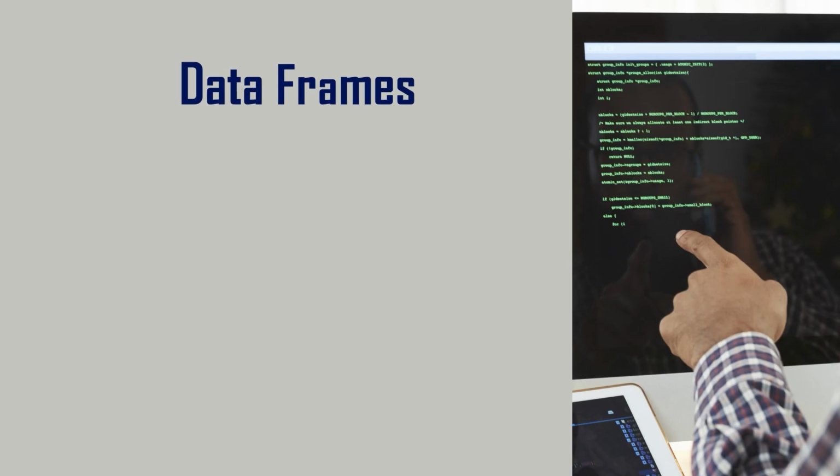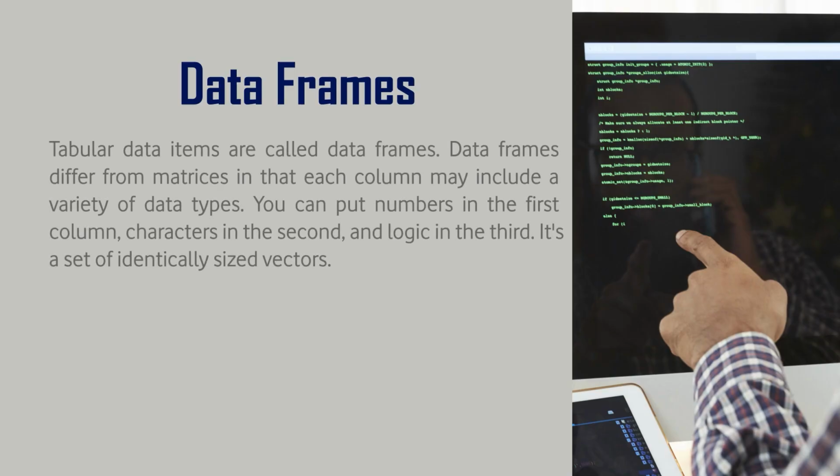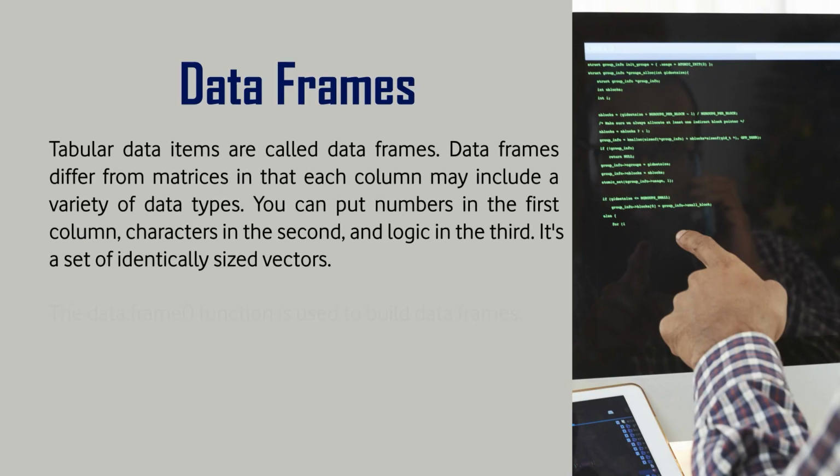CSV files, comma separated files or Excel files, anything that you store in the form of tables, you can call a data frame. So data frames are simply tabular data items. They just differ from matrices in that each column may include a variety of data items.